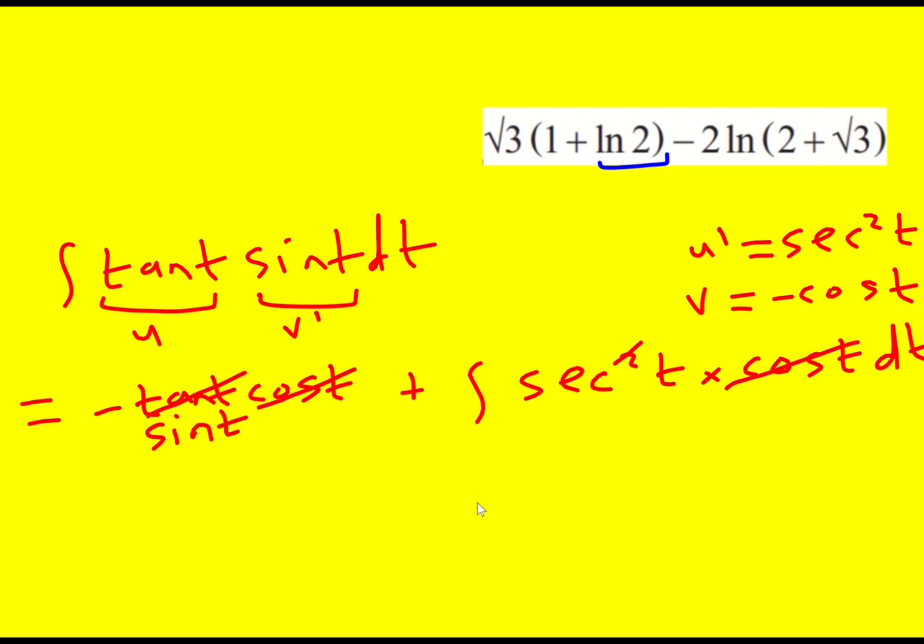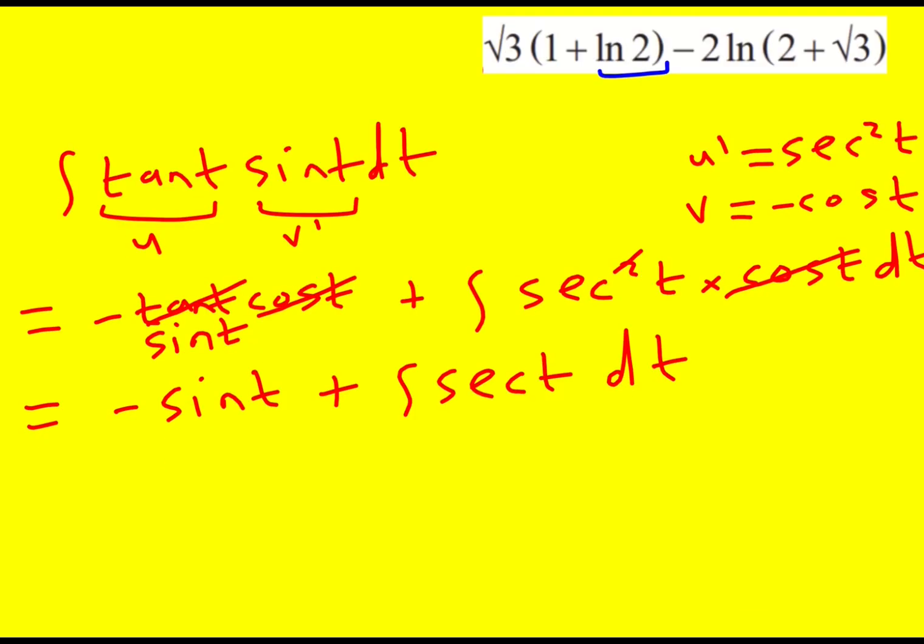So we're nearly there. I'm just going to write down that this is equal to minus sine t plus the integral of sec t. Now this is an awkward one, but if you practice enough, you can start to just be able to identify it. And this one is actually ln of sec t plus tan t.